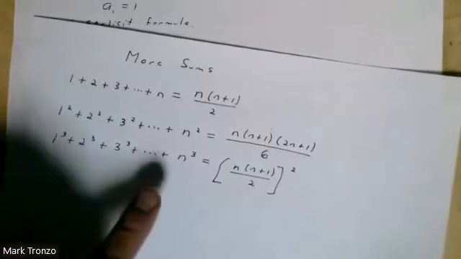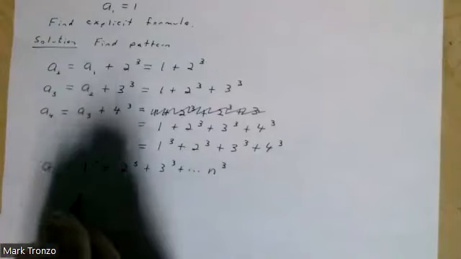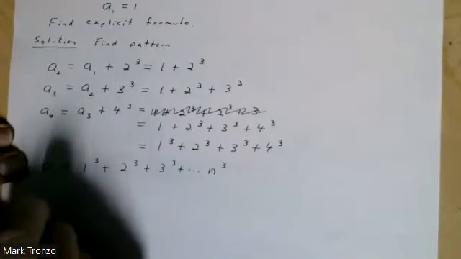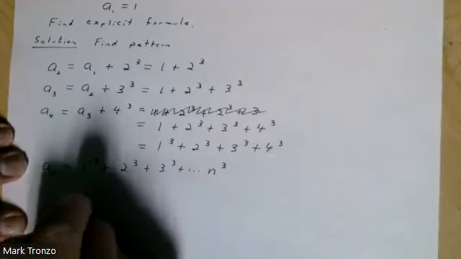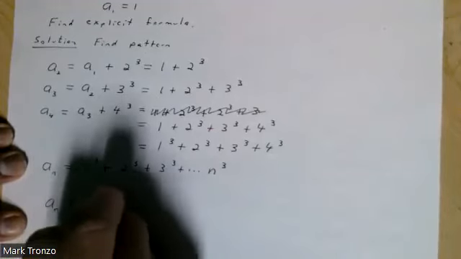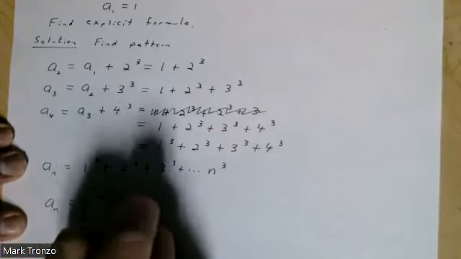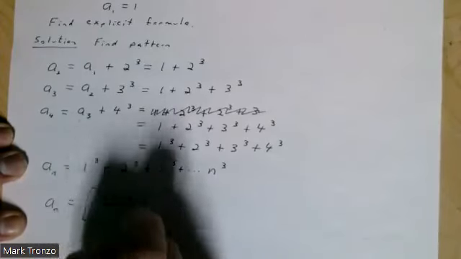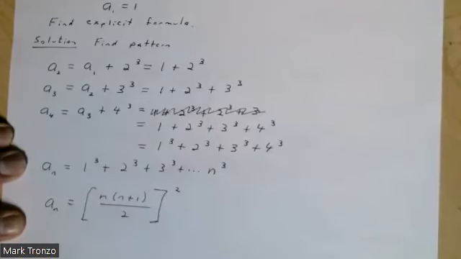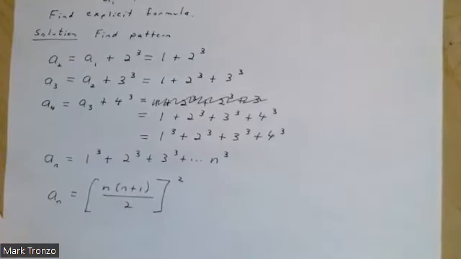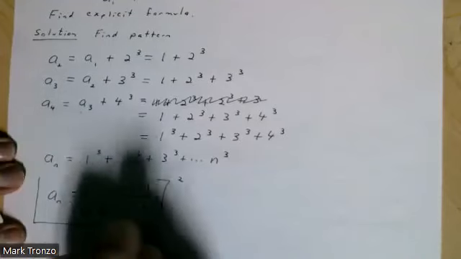It was this sum right here, which leads to this. And we have that. So this is our explicit formula.